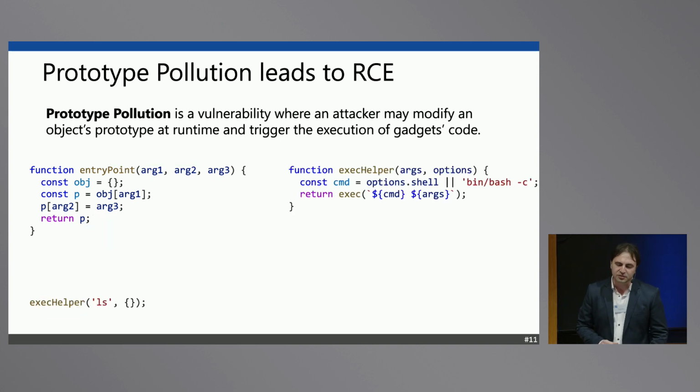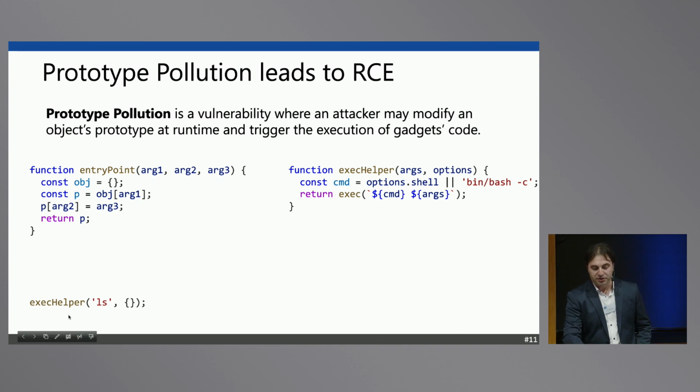Well, let's look at some helper function that you have in your system. So again, details are not important here. What's happening is that you specify the arguments, so some command you want to execute. And then you can give some options in terms of which shell you want to use. If you don't specify this option, then it will use the default bash shell, basically. Okay? And then it will execute the command.